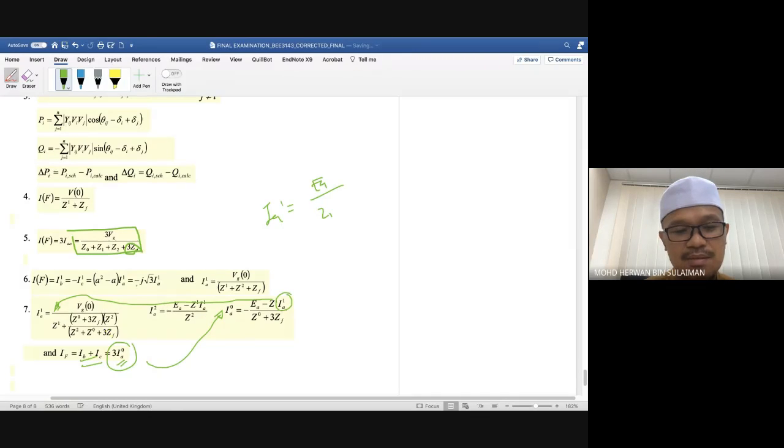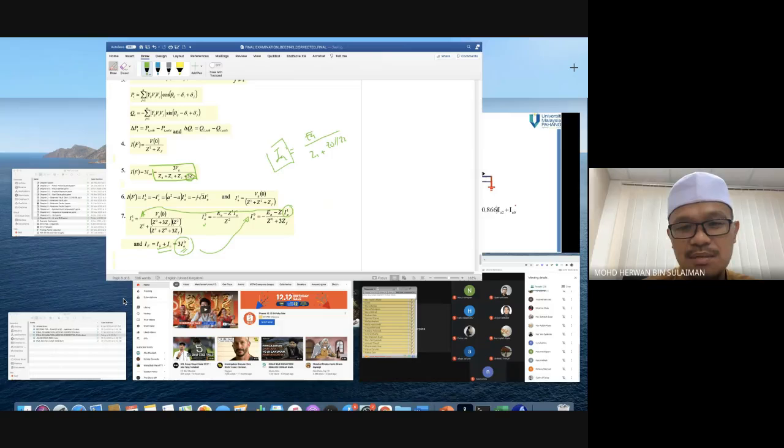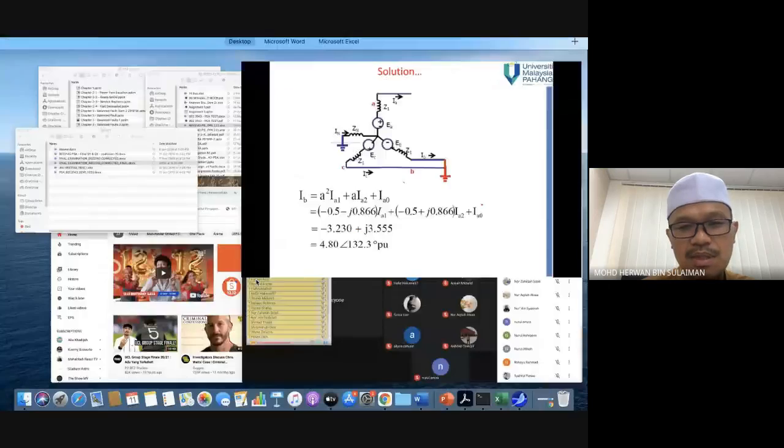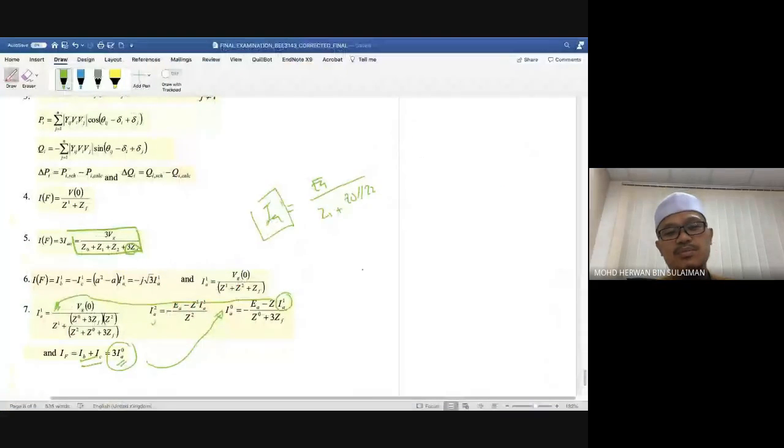Kalau tak ada ZF, tambah dengan Z0 parallel dengan Z2. So you dapat IA1. Once dapat IA1, you tak perlu cari IA2, sebab you nak kira IA kosong saja. IA2 ni sebab you nak calculate guna IB dengan IC. So sebenarnya tak perlu.